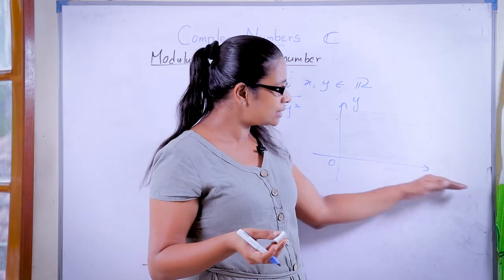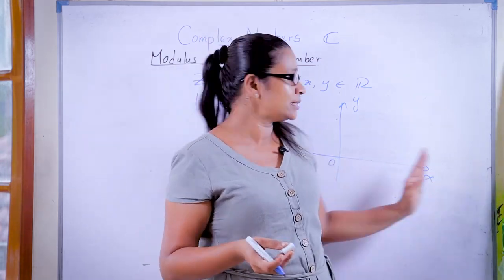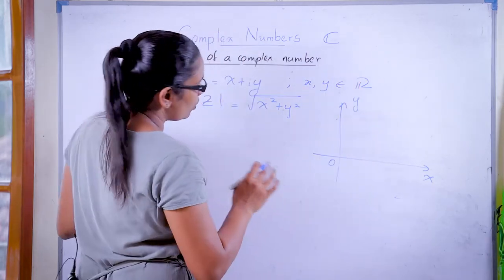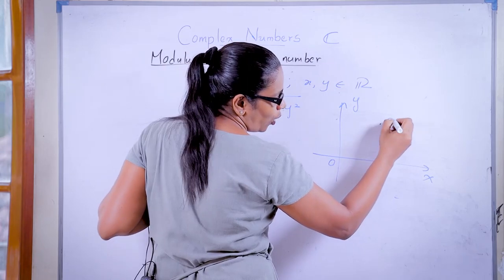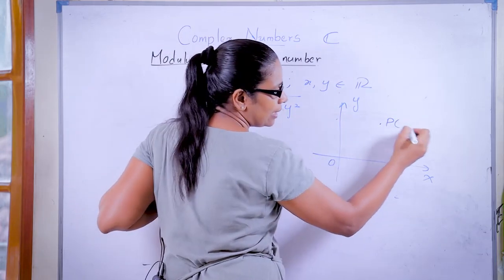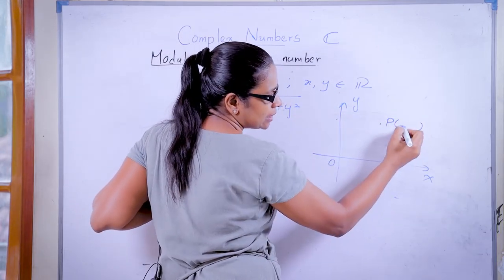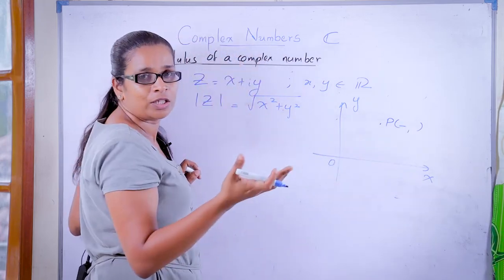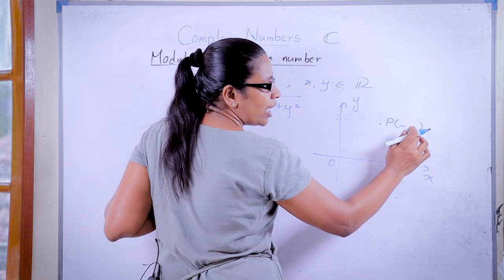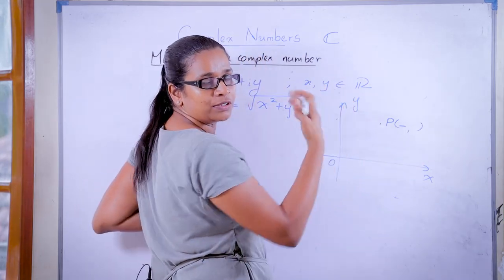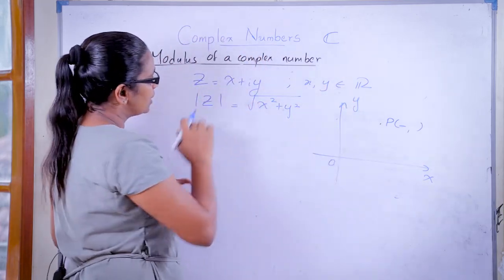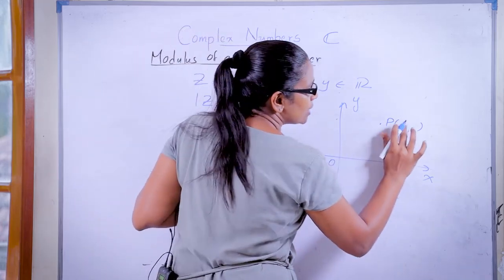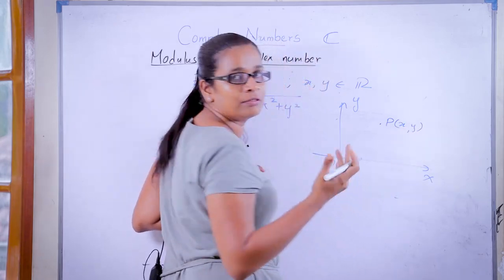Okay, this is the real number axis and this is the imaginary number axis. Okay, so now if I mark any point here on the plane, it has coordinates. This one means x, that means the real part of the complex number, and the y coordinate means the imaginary part of the complex number. So the complex number I wrote here was x plus iy. There the coordinate should be x comma y.